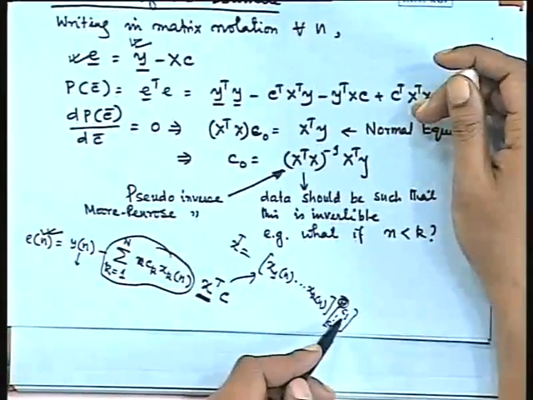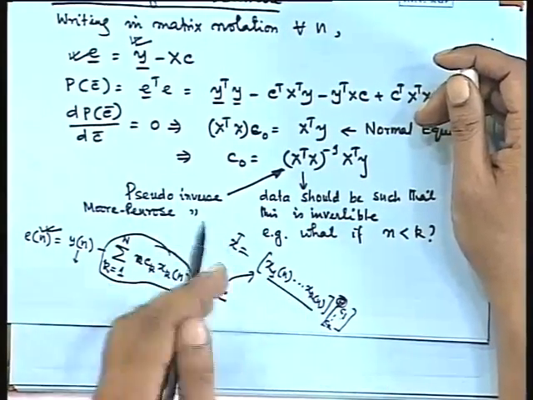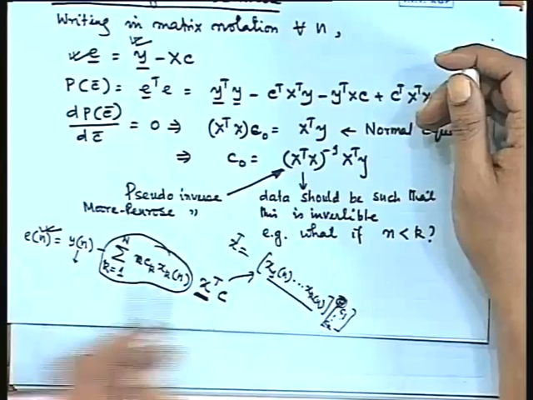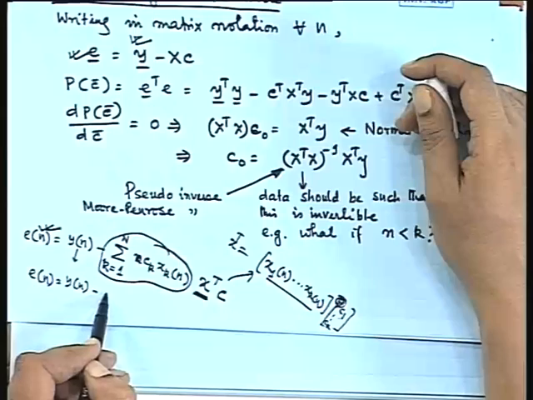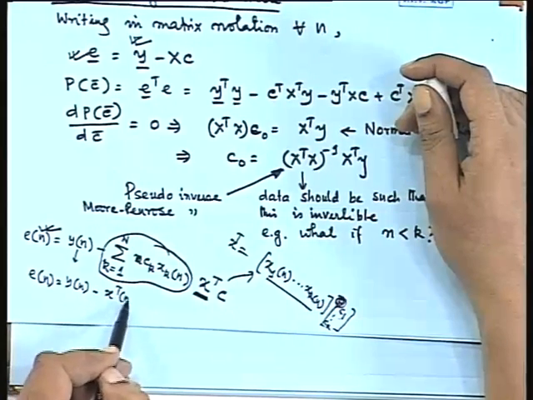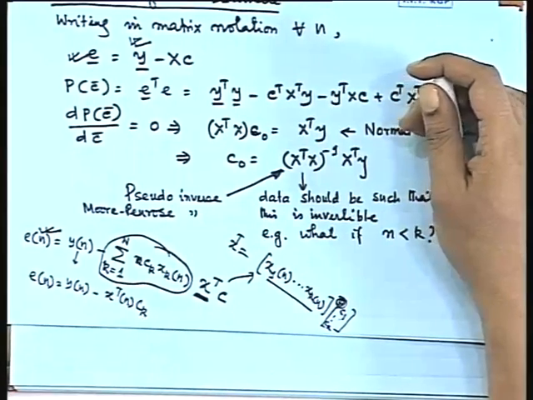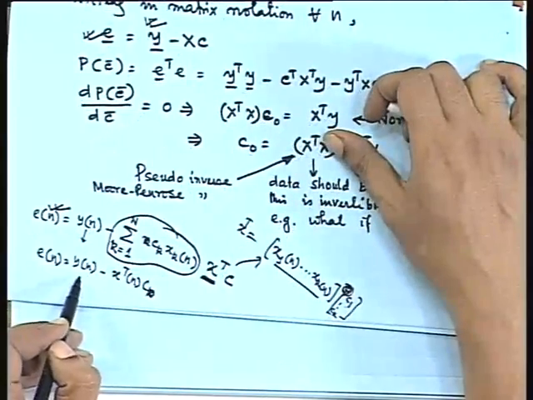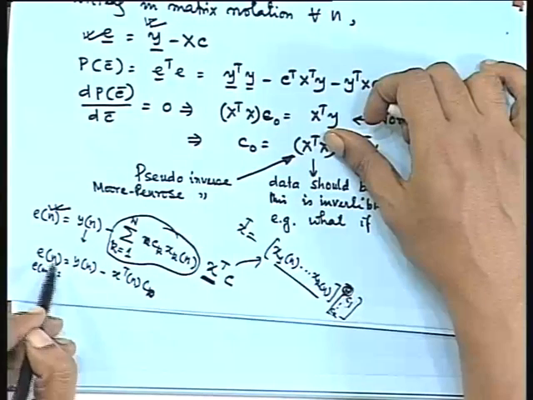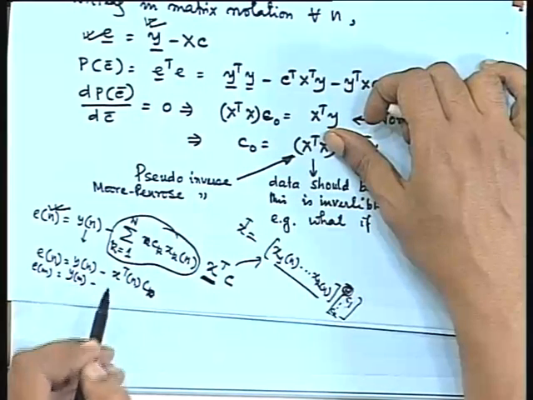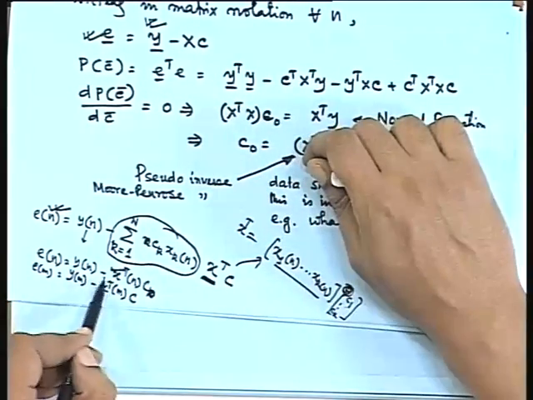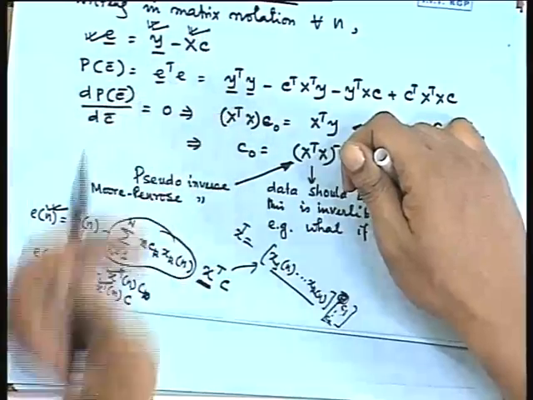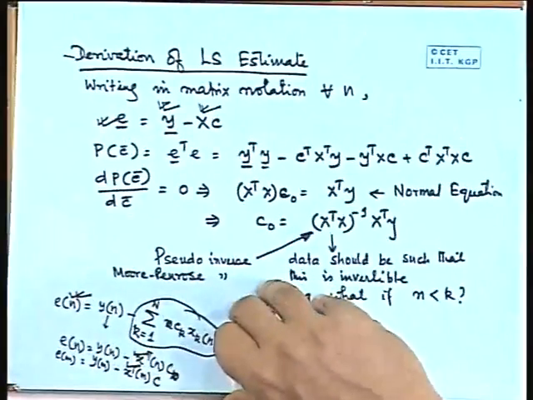Can you read this? I don't know, this is probably too small. Yeah, I'm just trying to organize now. So the first equation becomes En is equal to Yn minus X transpose n C, rather C, not Ck. The next equation will become Em is equal to Ym minus X transpose m C. So I can stack all these X transposes, and then I will get the matrix X. Correct?